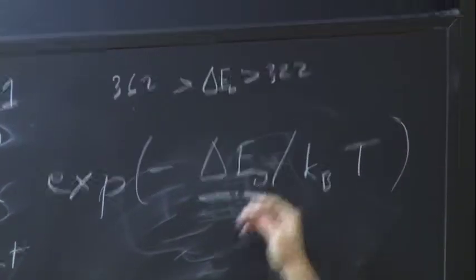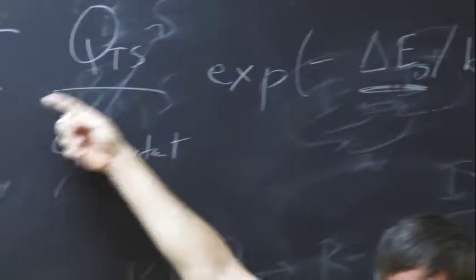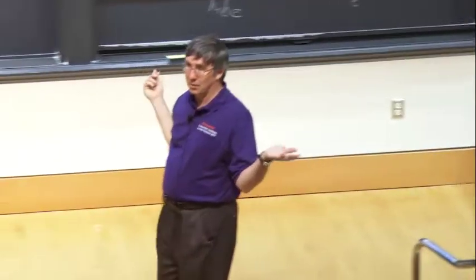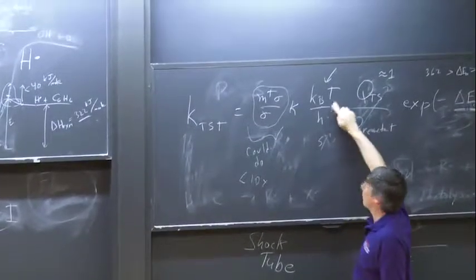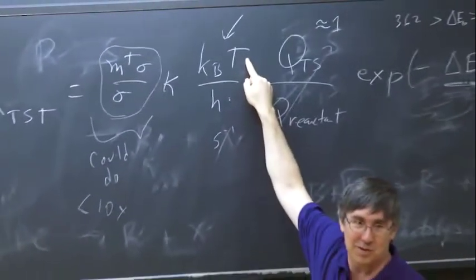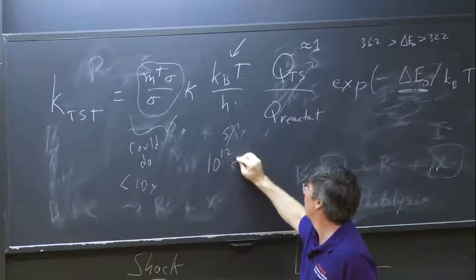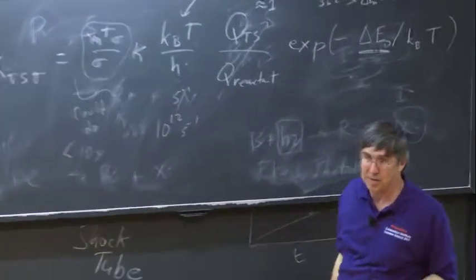And so you plug it in, and you get your calculator out, and you just say, well, what's the rate going to be? All right? And then before you even do that, you say, well, what do I think the rate's going to be? And this number, I've done this one a lot because this shows up in every rate calculation in my life, kT over h. And this turns out to be like 10 to the 12th per second. So that's pretty fast.